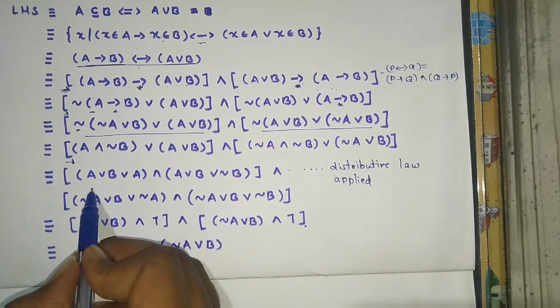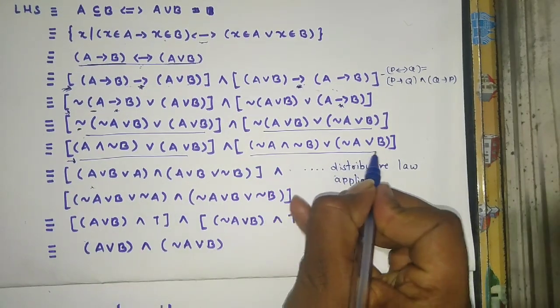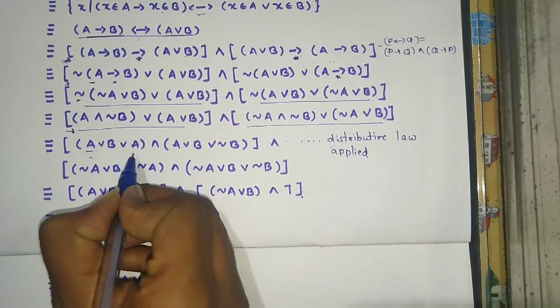So we are getting 4 terms from these 2 equations which are given below, and here we are getting 2 same elements.